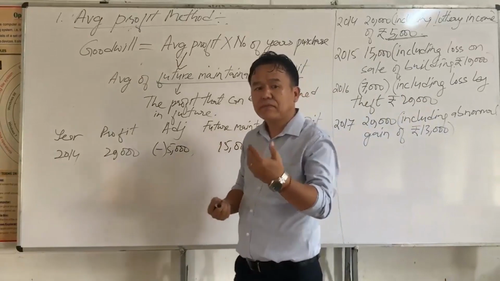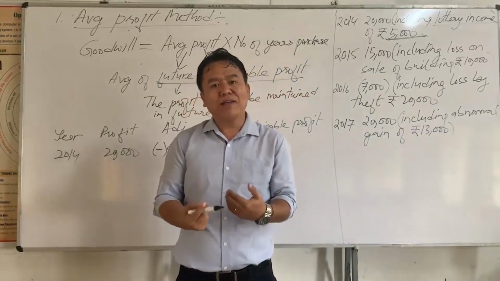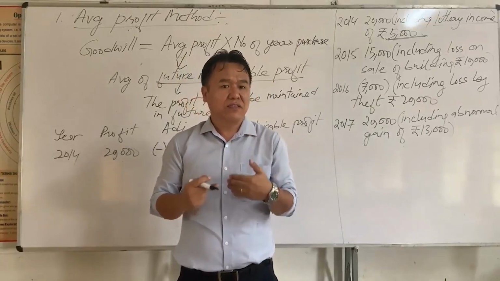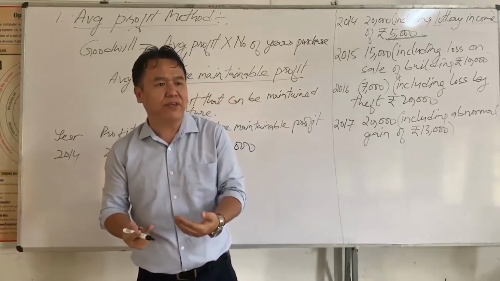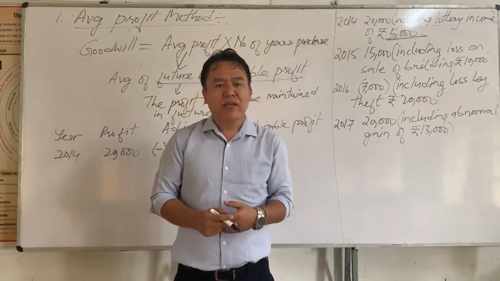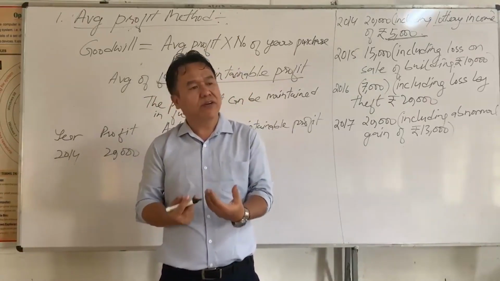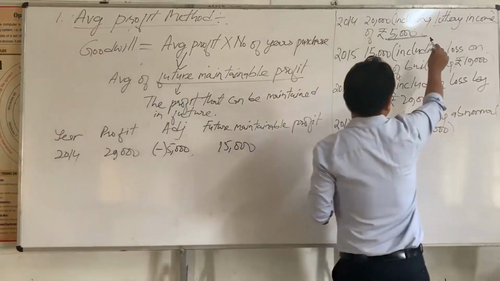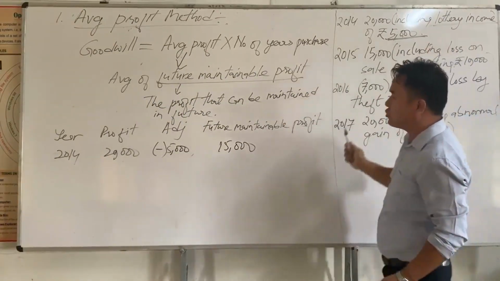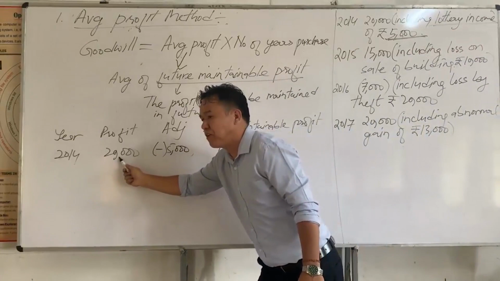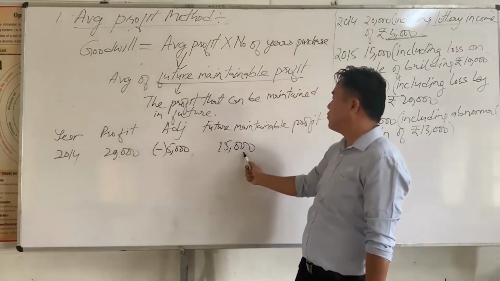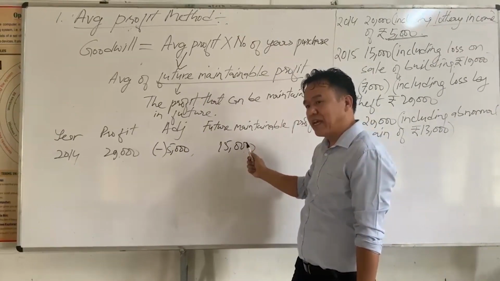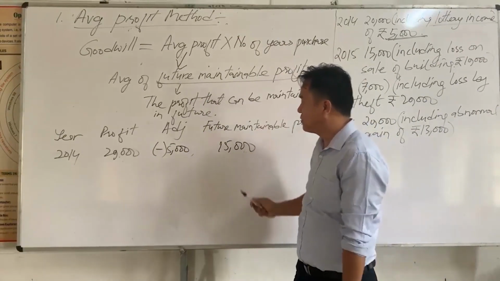Because we can't get the same amount of lottery income every year. More so, it is quite impossible to get lottery income every year. Therefore, lottery income of 5,000 should be deducted from the profit of that year in order to get future maintainable profit, which means the profit that can be maintained in future.